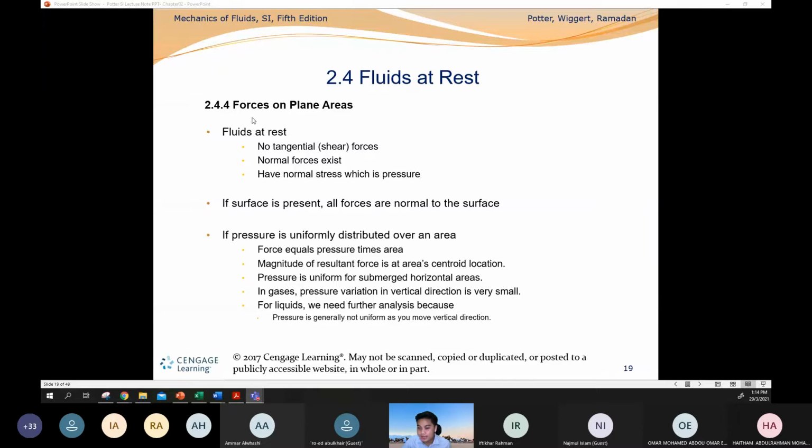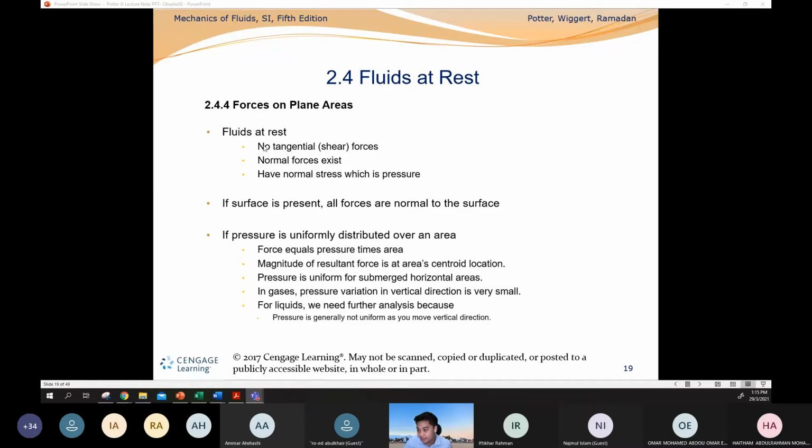So now we cover the force on the plane. That means we have water, and then we dip in an object considered as a plane. For this case, the fluid is still at rest, with no tangential shear forces; normal force exists and we have normal stress, which is pressure.